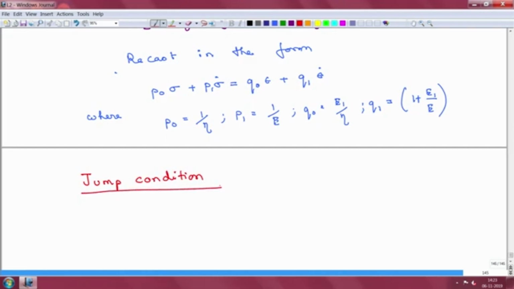Jump condition will obey the form P1 of sigma 0 plus equal to Q1 of epsilon 0 plus, or in this particular case you have 1 by E sigma 0 plus equal to 1 plus.